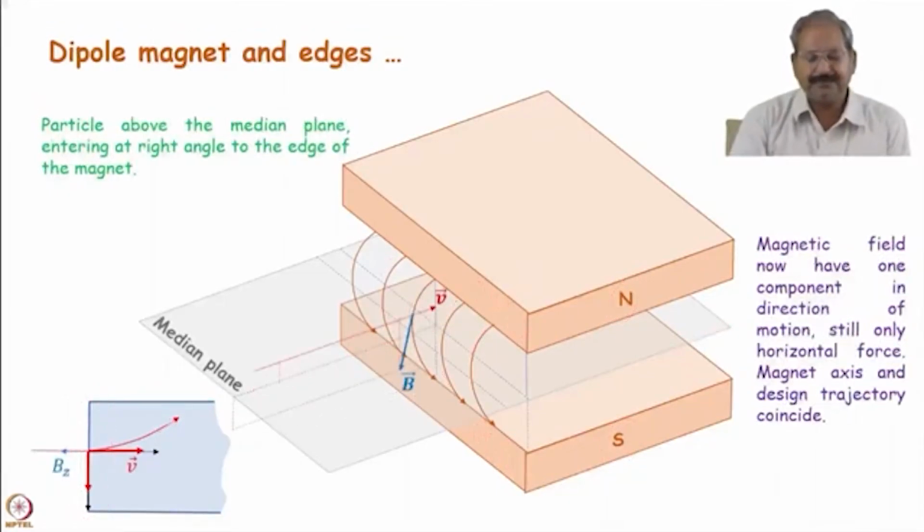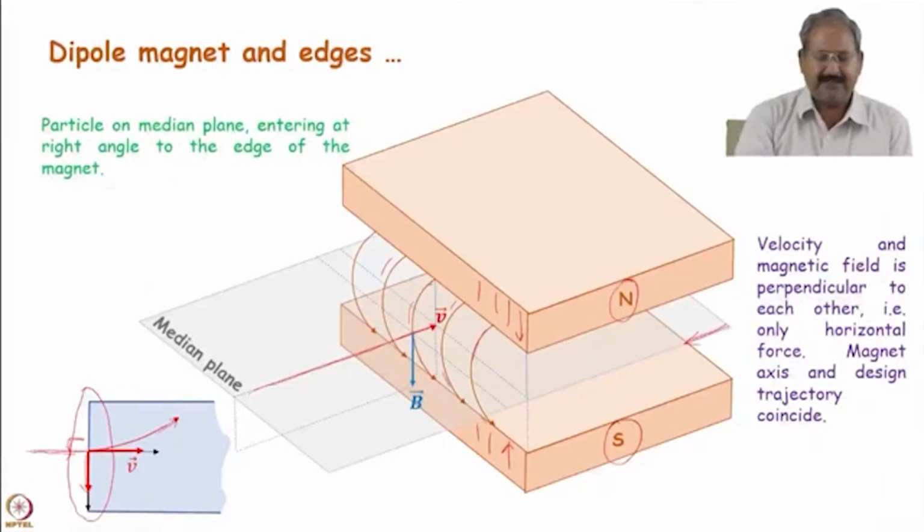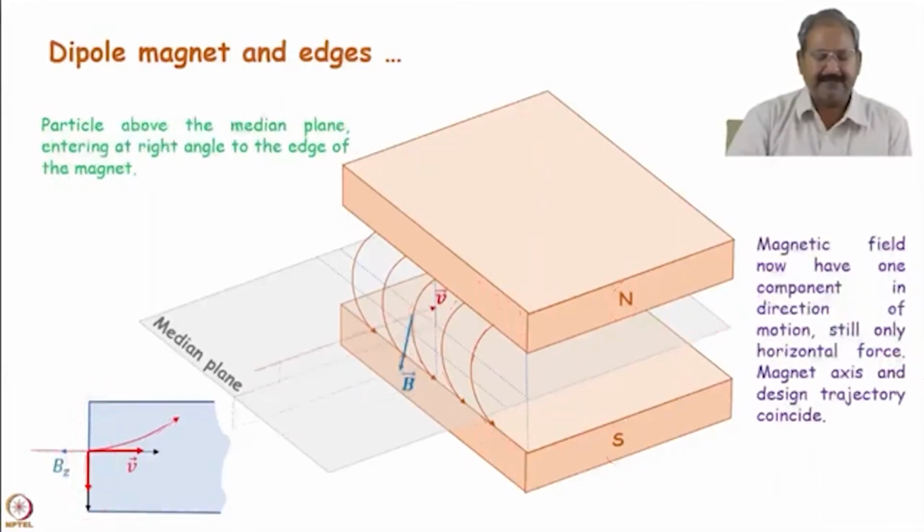Now suppose we displace the trajectory vertically up. Here the design trajectory was on the median plane. Now we have another trajectory which is deviated in the vertical direction from the median plane, because we want to see the effect in the vertical direction. So it is vertically shifted by some amount.